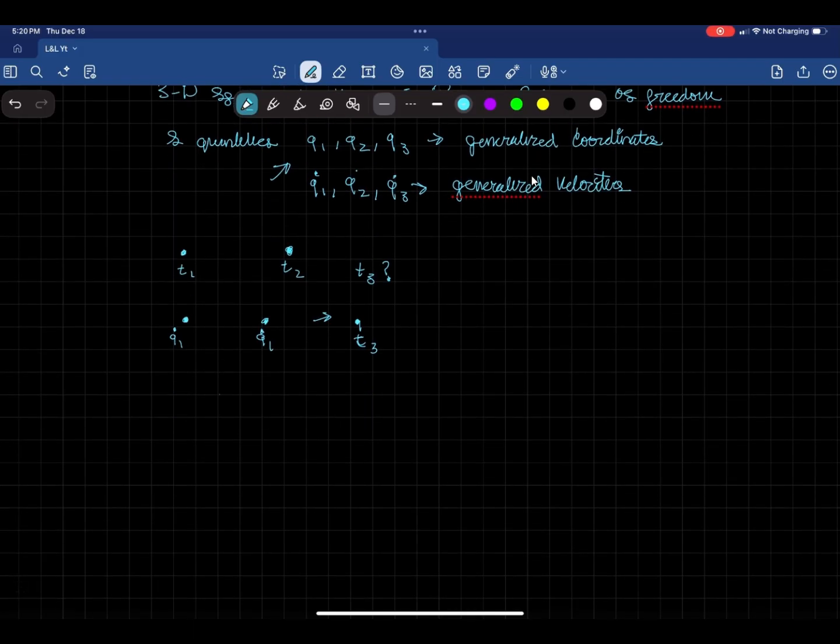So if the relation between q and q dot gives us the equations of motion, and if we integrate them, we can describe the path of the system.